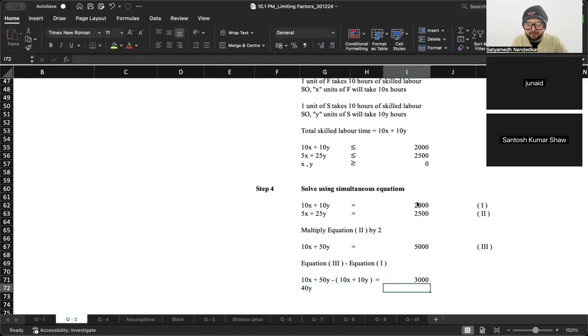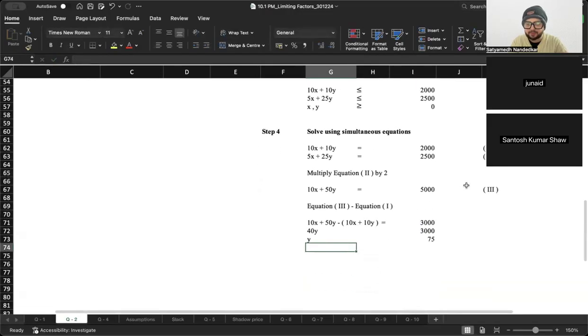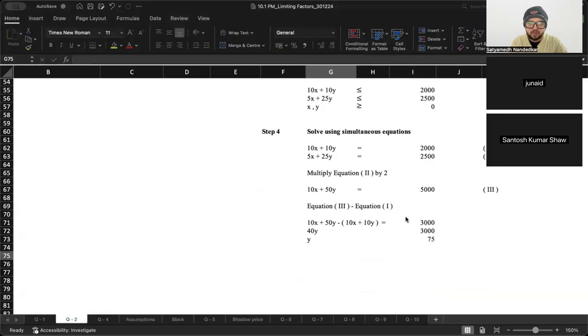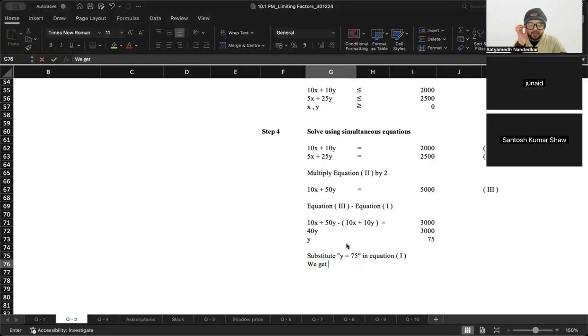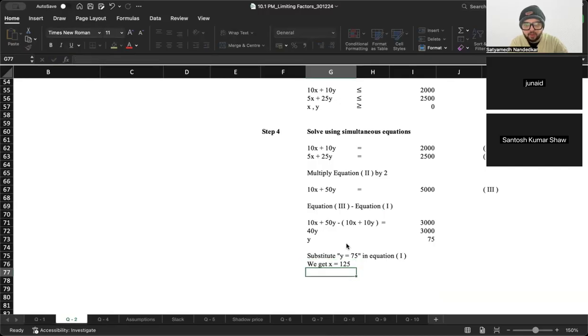I'll have 40y equal to 3000. So y will be equal to 3000 upon 40, which is 75. Okay, so once you get y equal to 75, substitute y equal to 75 in equation 1. We get x equal to 125.